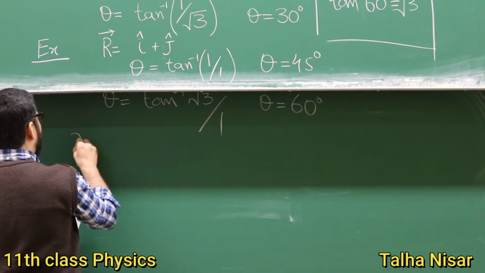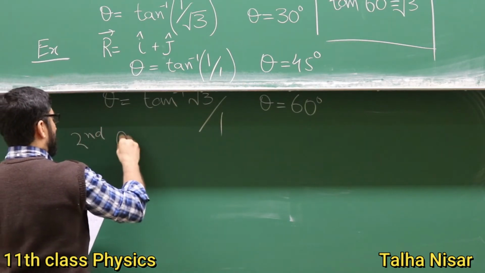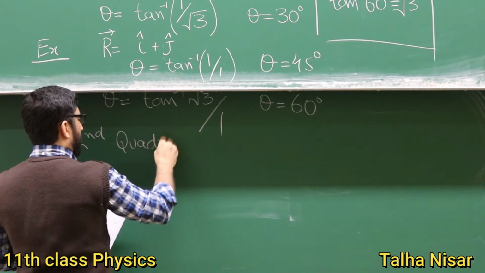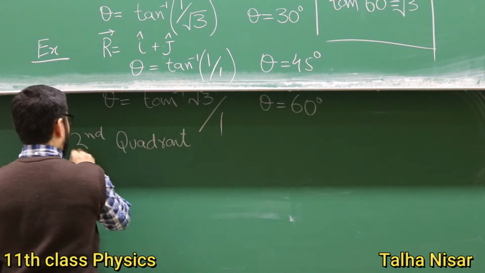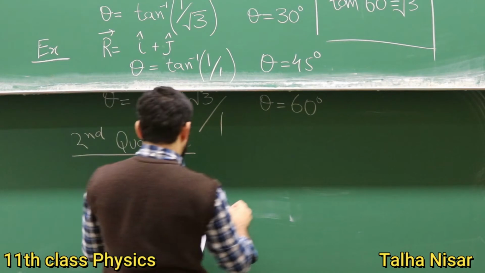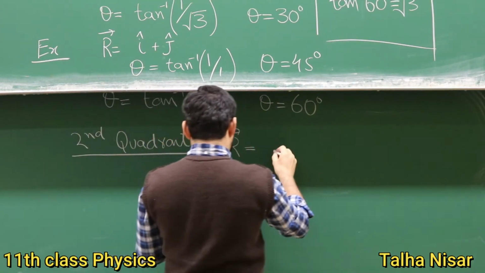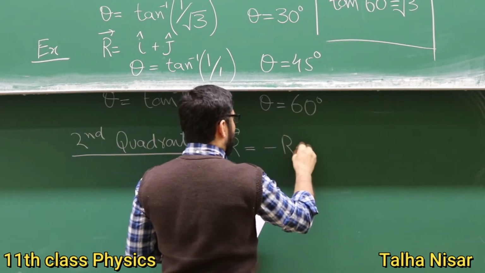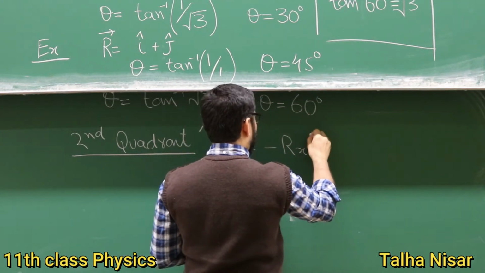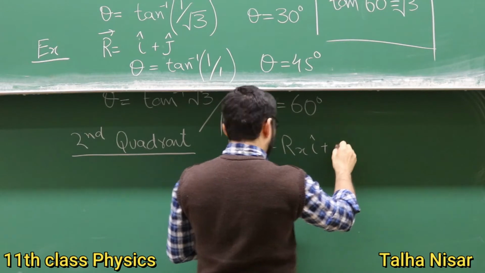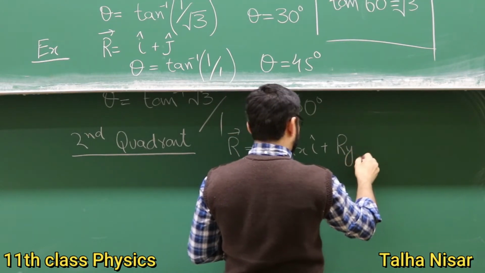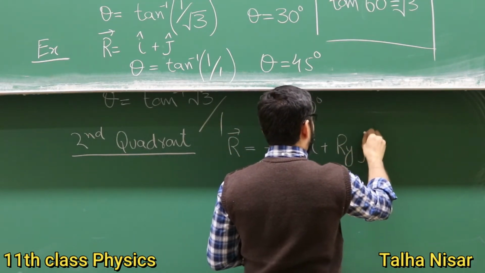For the second quadrant, R is equal to minus Rx i plus Ry j.